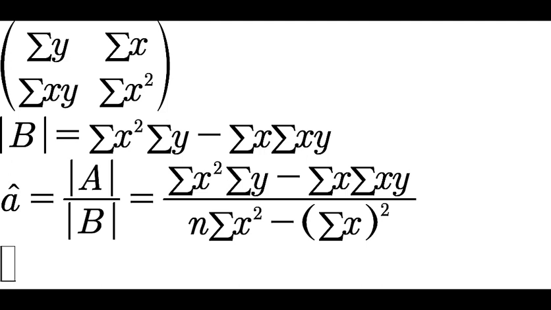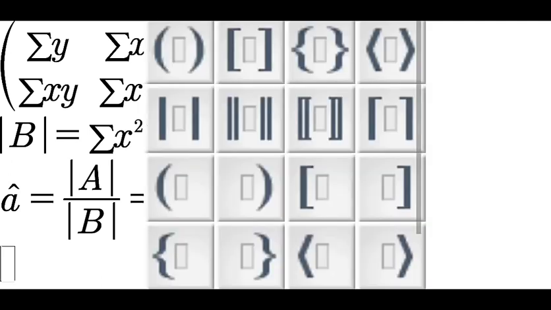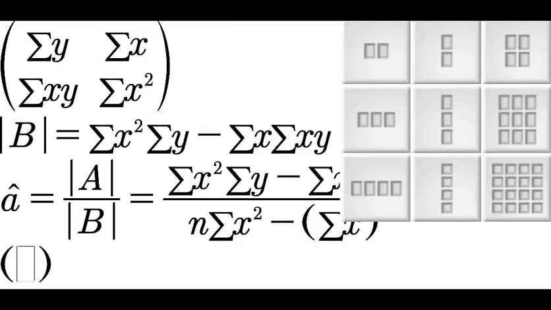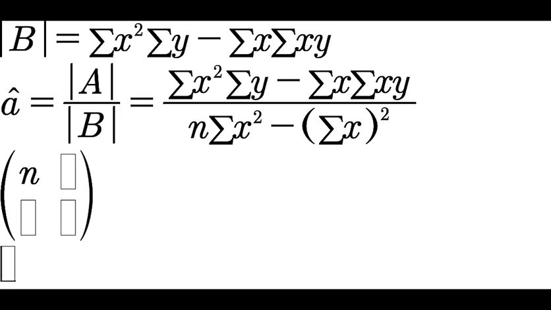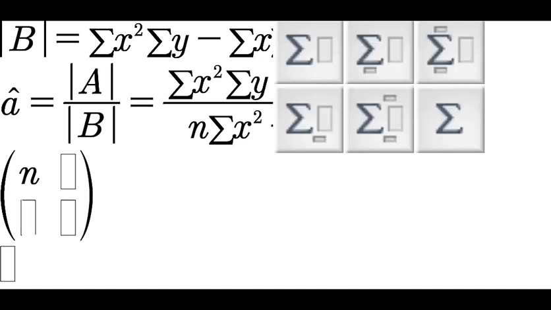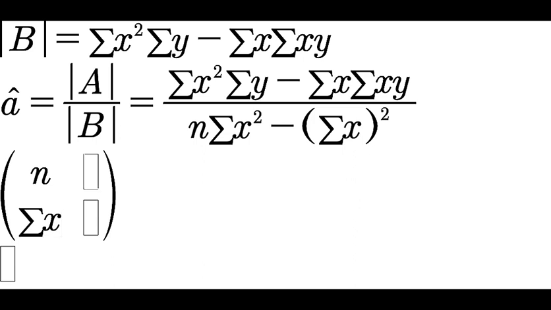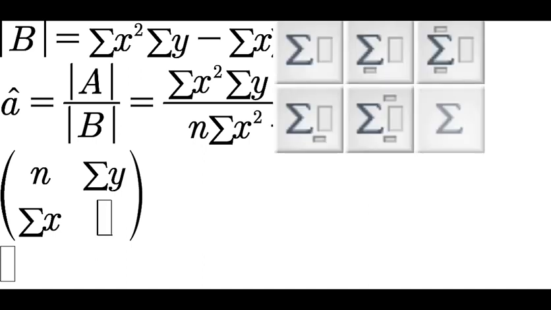So that gives me another matrix, C. We have n, summation x, and the right hand side now becomes summation y, summation x, summation xy.